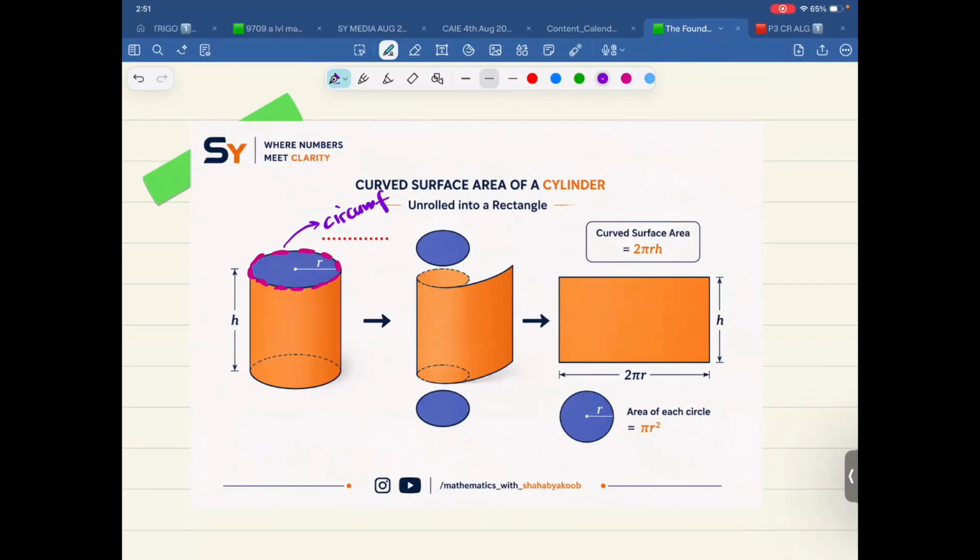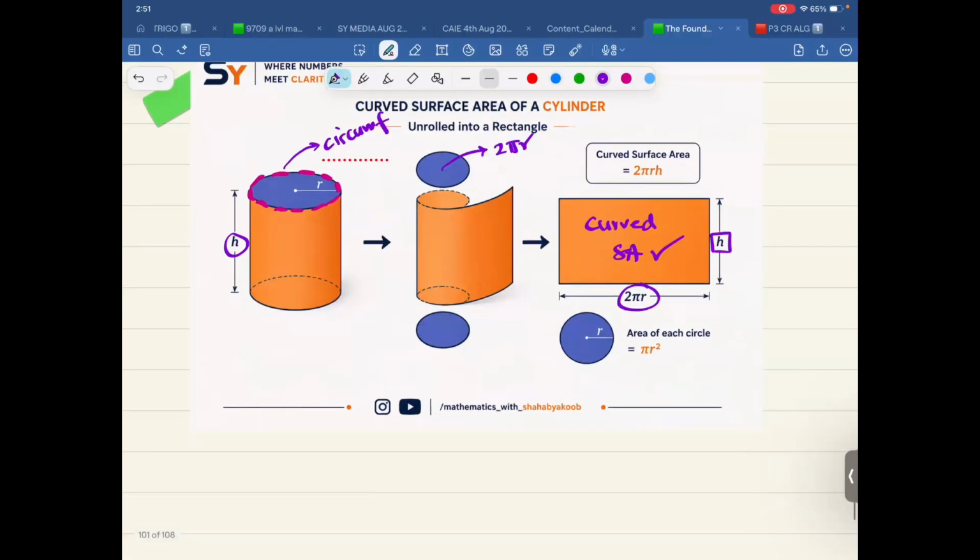Radius r, the circumference is 2 pi r. And this thing over here is h. So when we unroll it, it forms a rectangle. This is 2 pi r, this is h. That is the curved surface area of a cylinder.